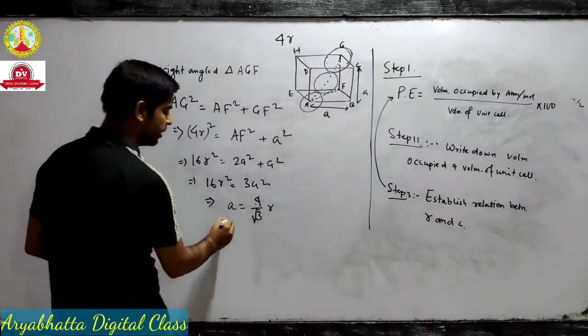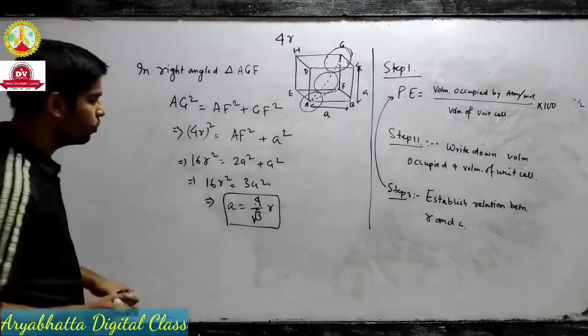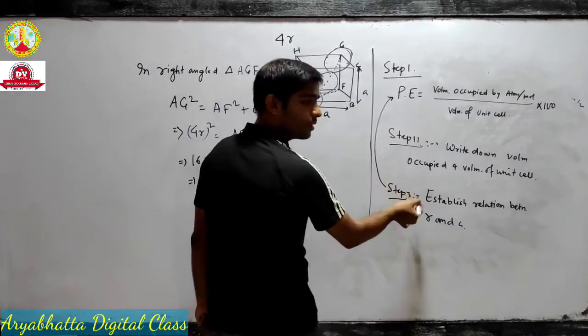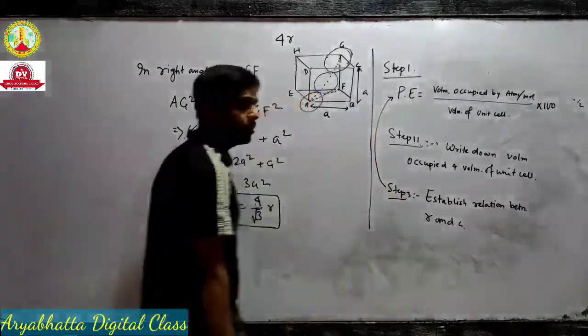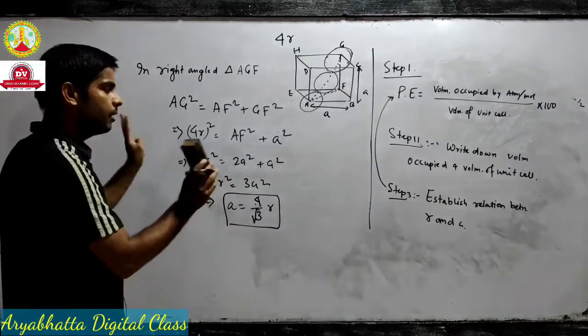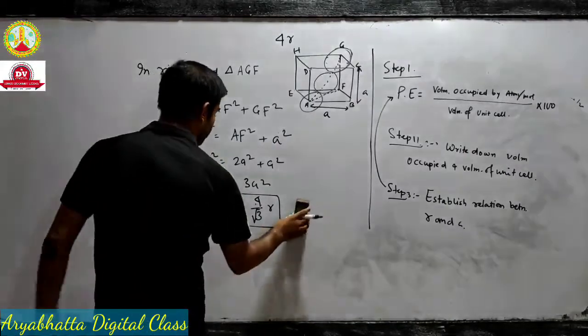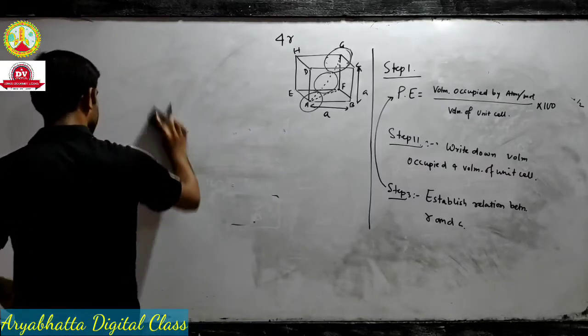Okay, so this is our relation between a and r. This is our step 3. So from step 3, we will go again to step 1, that means packing efficiency, and we will eliminate any one of them, r or a. Okay, so let's do it.